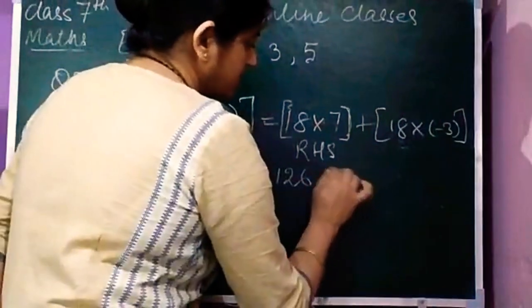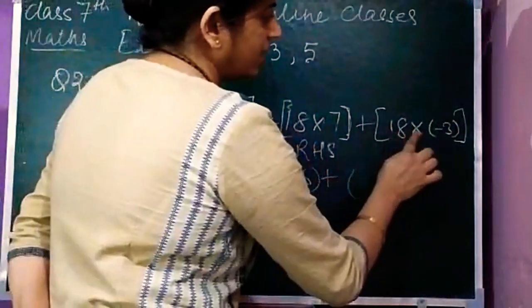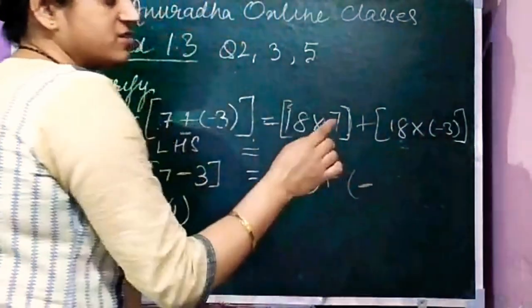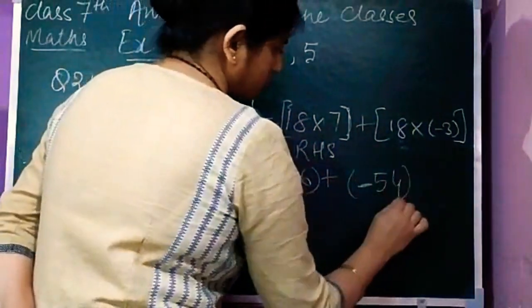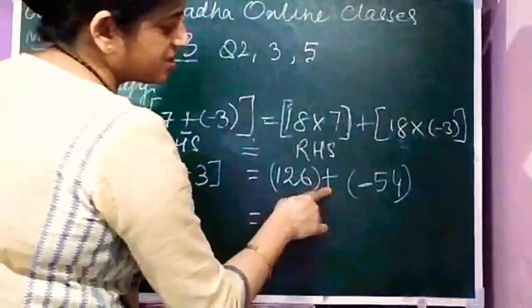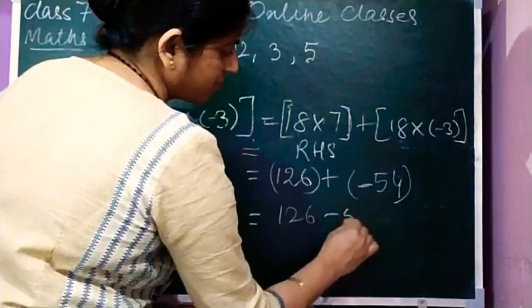Then plus sign, then 18 into minus 3, plus minus is minus, sign will be minus. Now 18 threes are 54, right? So we have written over here. Now 126 plus minus is minus 54.